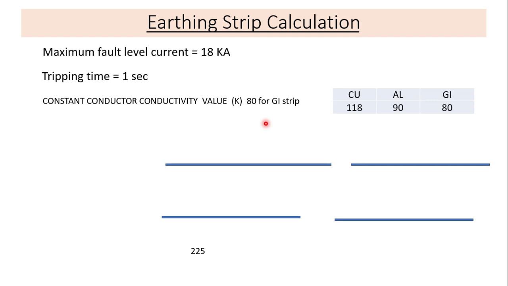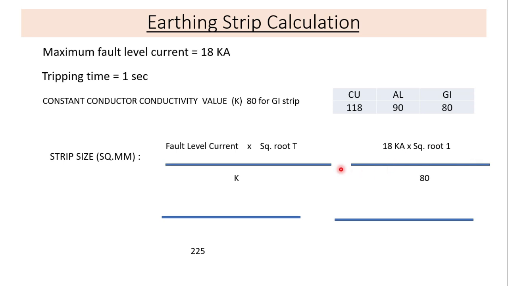Now let's come to the formula. As you know, strip size is equal to fault current into square root t, divided by K. Now let's put in the values. Fault current is 18 kA, and square root t, where t means tripping time, here I have taken 1 second, so this is 1.